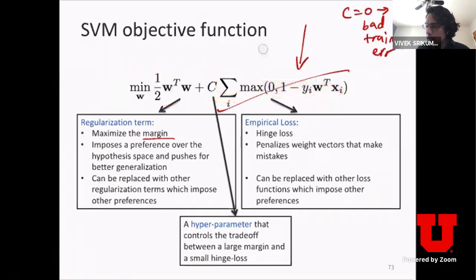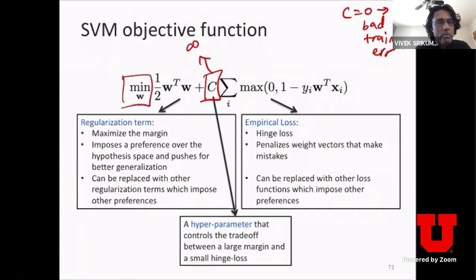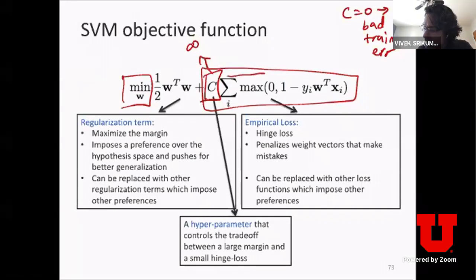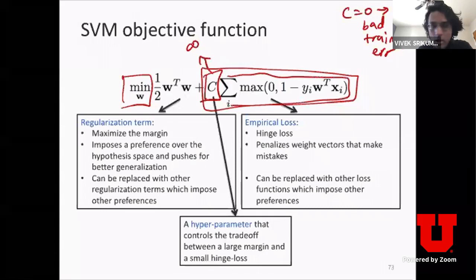Let's consider the other extreme. When C is infinity, let's think about how an optimizer can solve this problem. We want to minimize over all weights a function that includes an infinity. The only way in which this optimization problem even makes sense is if this second term, the hinge loss, the empirical loss, is somehow forced to be 0.